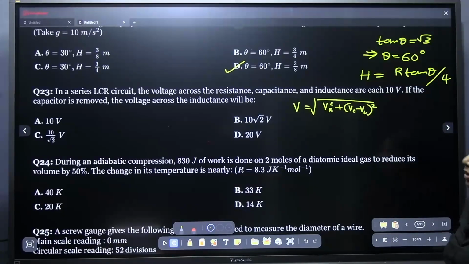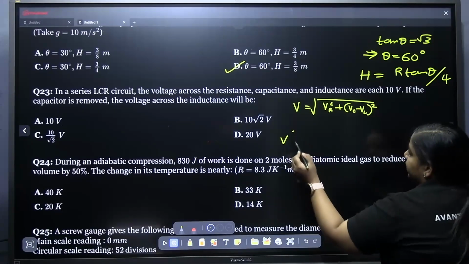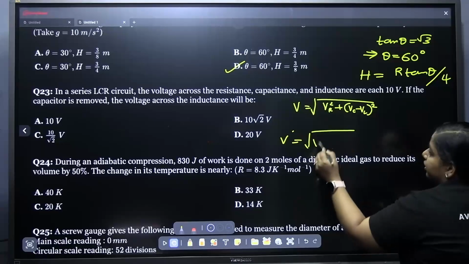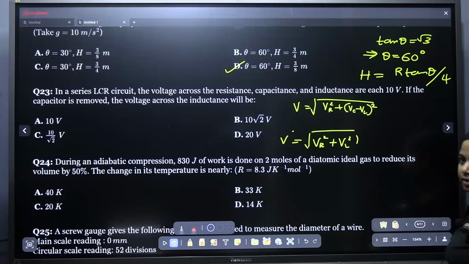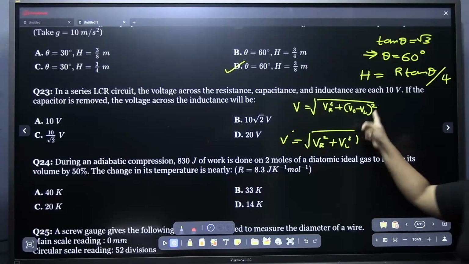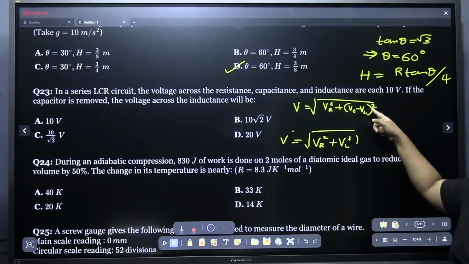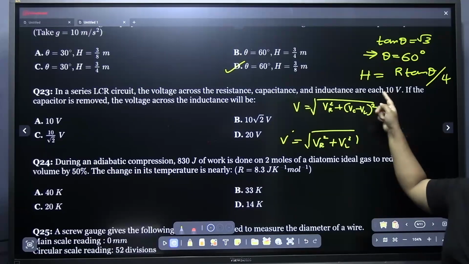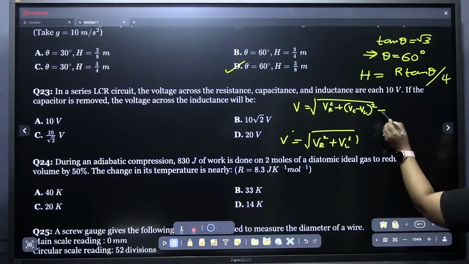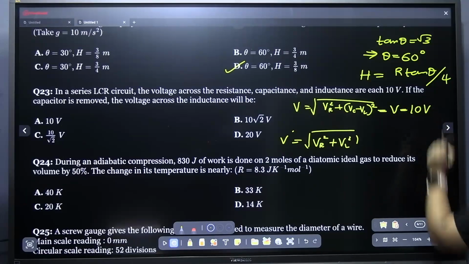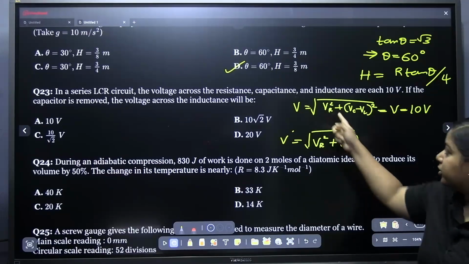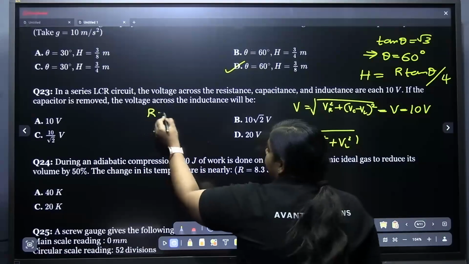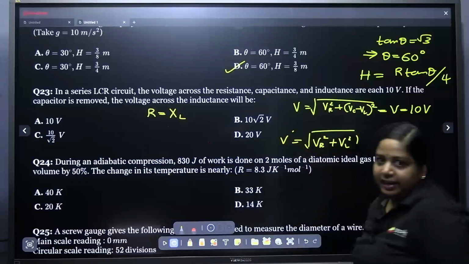If you remove VC, then it will be V dash equal to root of VR square plus VL square. Since VC equal to VL in this case, all are 10 volt, this V is equal to just 10 volt. And from this only we can say that R equal to XL.